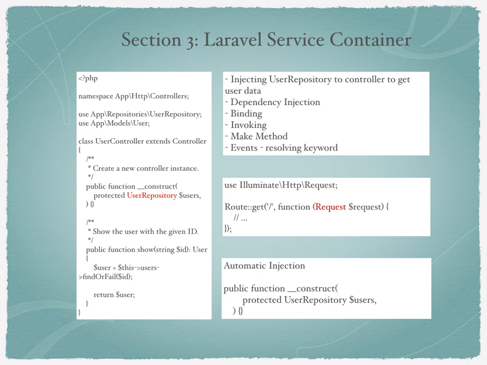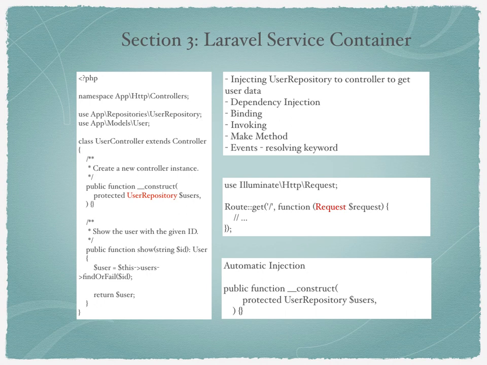But in Laravel terms, here is a sample code example. See here, the UserController extends the Controller, and inside the constructor we are calling the user repository. The user repository and the user model are dependent on each other, and they give the service to the user controller.